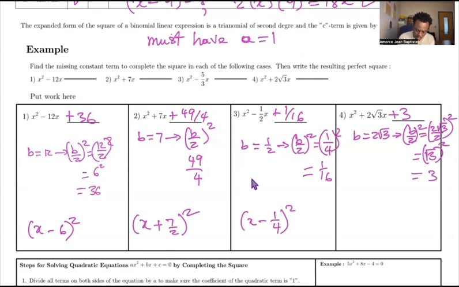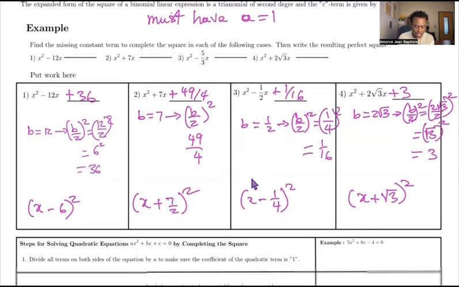And here it will be x plus square root of 3 squared. So that's how you complete the square and put the expression in perfect square form.